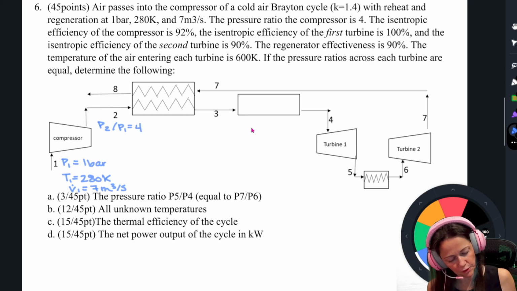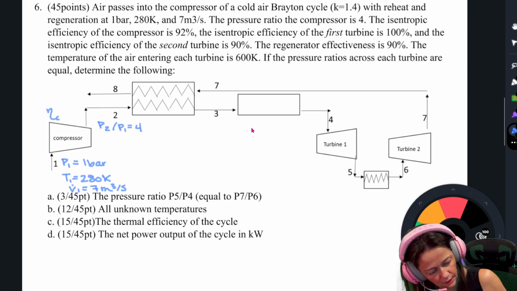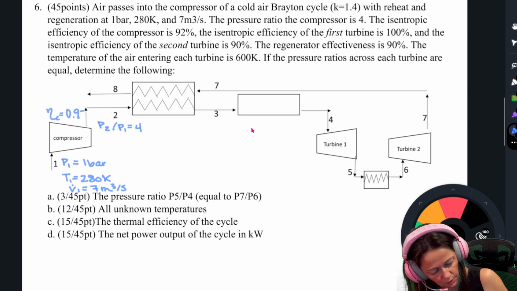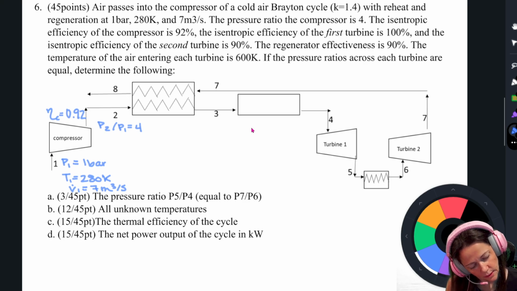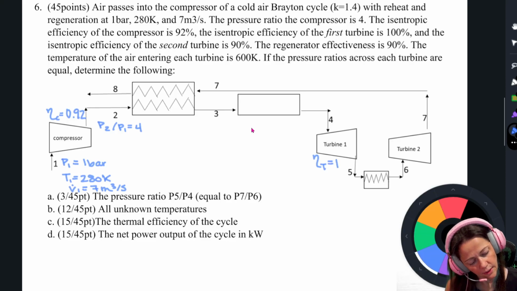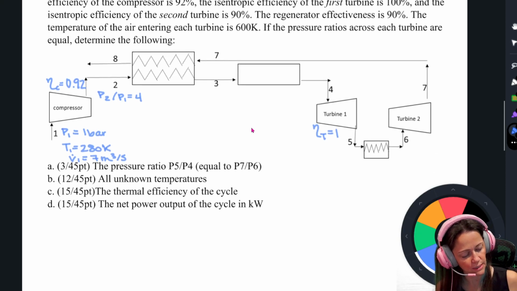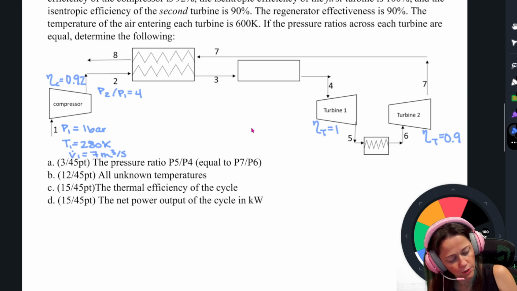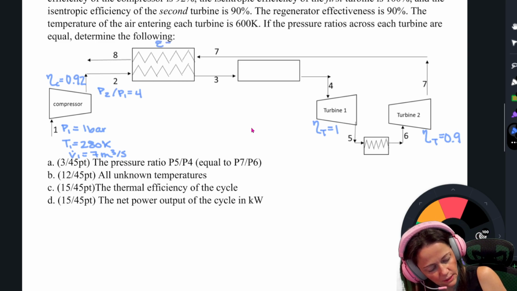The isentropic efficiency of our compressor is 92%, so 0.92. The isentropic efficiency of the first turbine is 100%. The isentropic efficiency of the second turbine is 90%. The regenerator effectiveness is 90%.